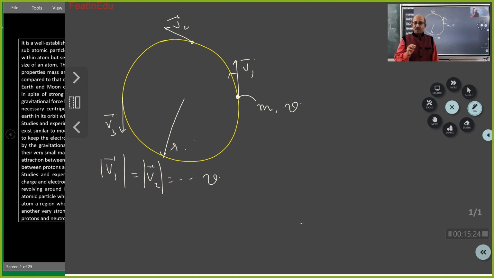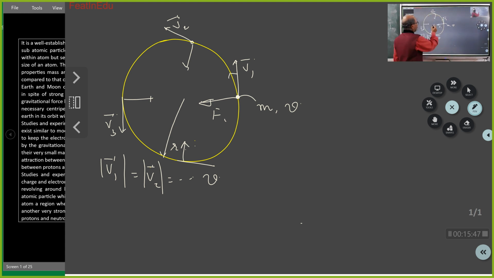Now, there must be some force to change the direction of the velocity vector, and that force acting on the particle is the centripetal force. So there has to be some centripetal force.